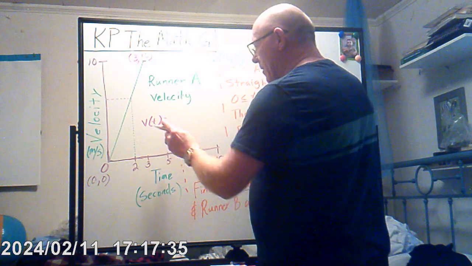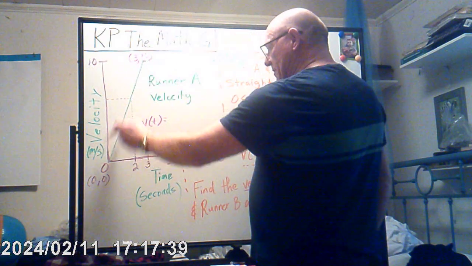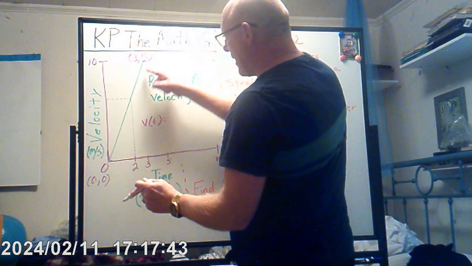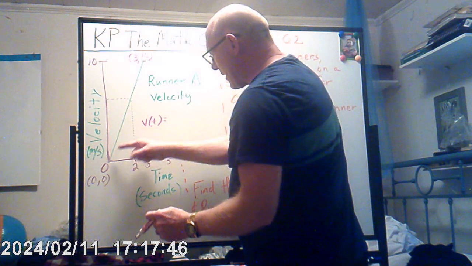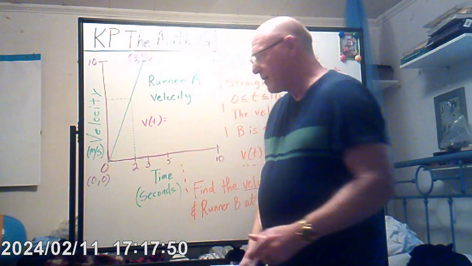In this particular case, we're only looking at 2, and 2 comes up to this slanted line here. I want to find out what the equation of that slanted line is. You see what I mean?